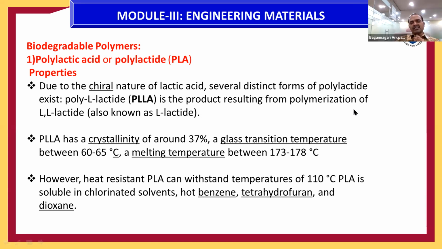Having a crystalline structure, a thermoplastic resin with the glass transition temperature 60 to 65 degrees centigrade. Melting point is 173 to 180 degrees centigrade, and it withstands high temperature up to 110 degrees centigrade. And this polylactic acid is soluble in chlorinated solvents, hot benzenes, tetrahydrofurans, and dioxane, etc.